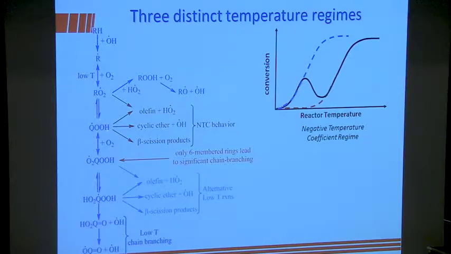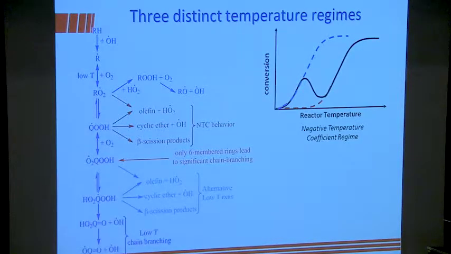So if this hydroperoxy alkyl radical species undergoes a propagation reaction, in other words, the RO2 gives olefin plus HO2, or this hydroperoxy alkyl species gives a cyclic ether plus OH, or gives beta scission products, we get one radical from one fuel radical. So we have a flux this way.